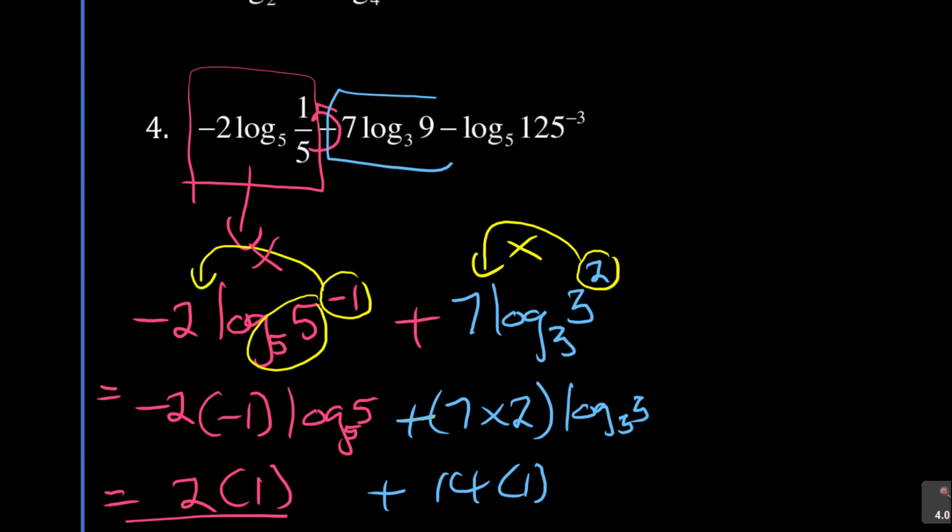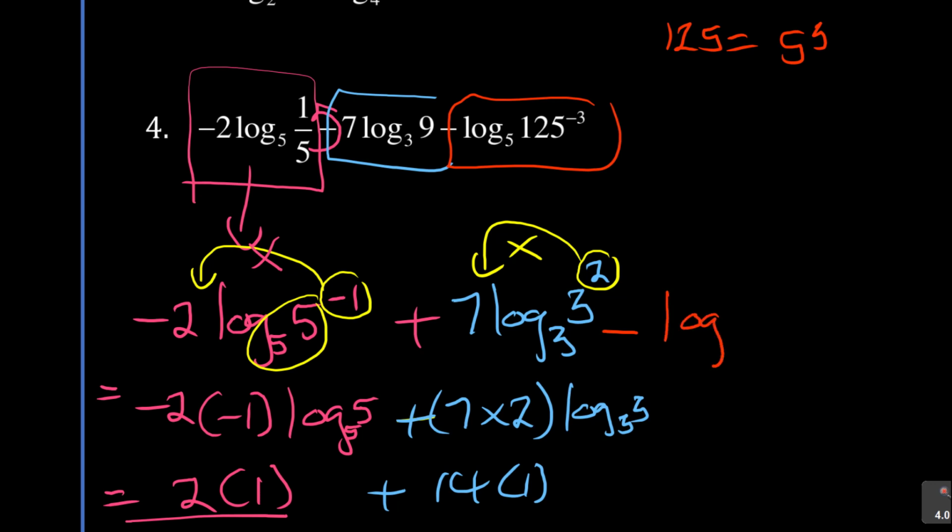This is a negative. Now let's deal with this guy here, which is minus, again, 125. Why 125? 125, guys, is the same as what? 5 to the power of 3. So you'll have minus log base 5. They gave me a base 5 because that can be expressed as base 5. So it will be 5 to the power of what? Of 3. But I told you this multiplies with minus 3.